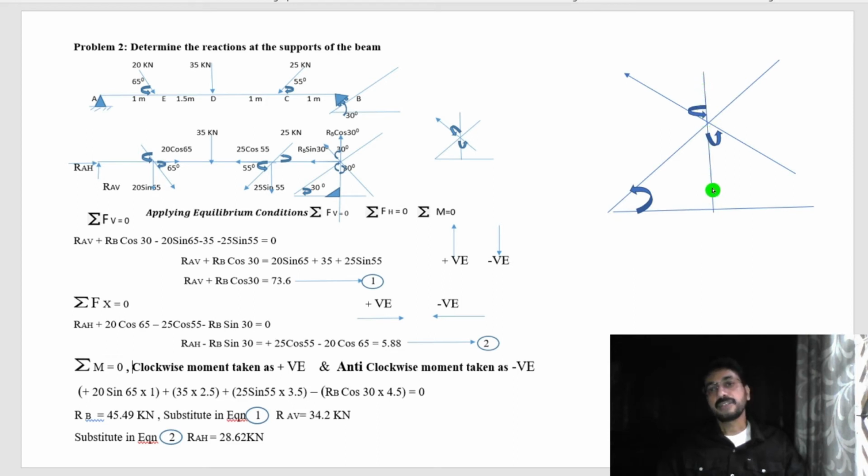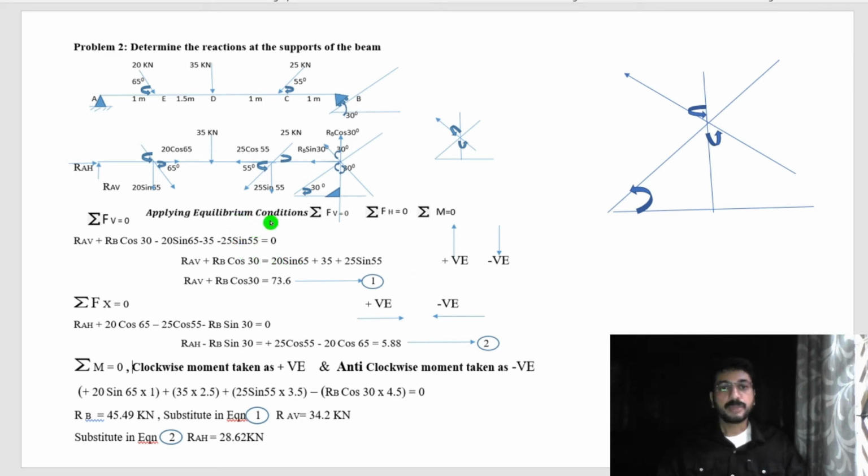The line divides the vertical axis, then we get 30 degrees also here. We know that this is the angle it makes with the vertical axis. This is the angle making component of RB cos 30 and the other will be RB sin 30.